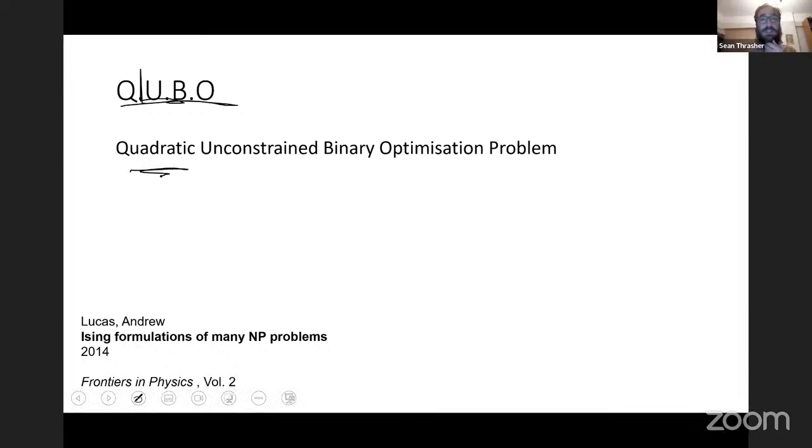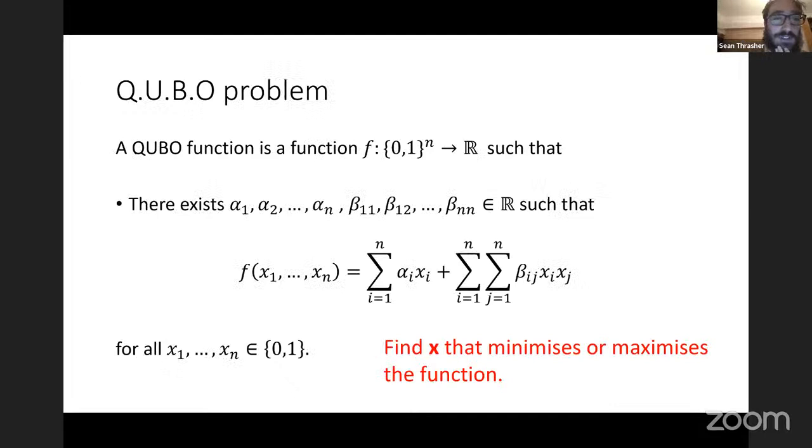So it's easiest to actually show you what it is. Essentially, it's a function that takes in, as I said, a list of numbers, and there are constants alpha and beta such that this holds. The problem that you want to solve is to find an x that minimizes or maximizes this function.